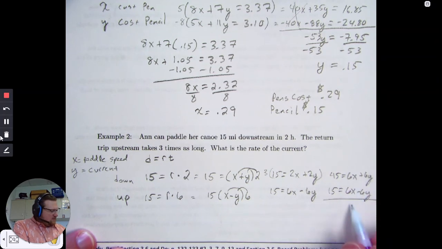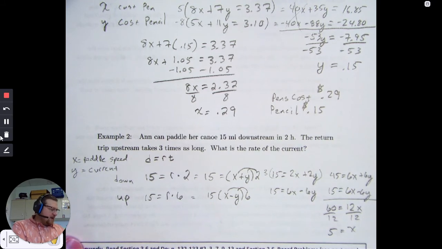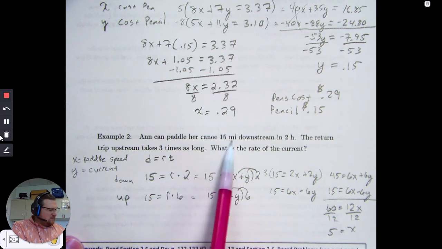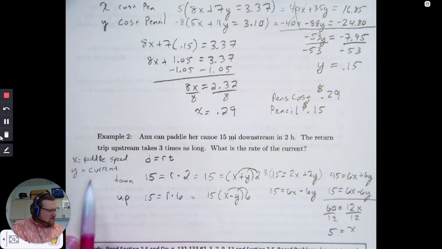So when I now use linear combinations to add those together, that gives me 60 equals 12x. I can then divide both sides by 12, and I get that x equals 5. So her paddle speed was 5 miles per hour.